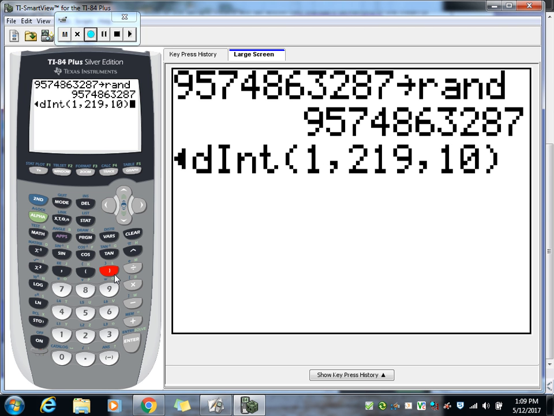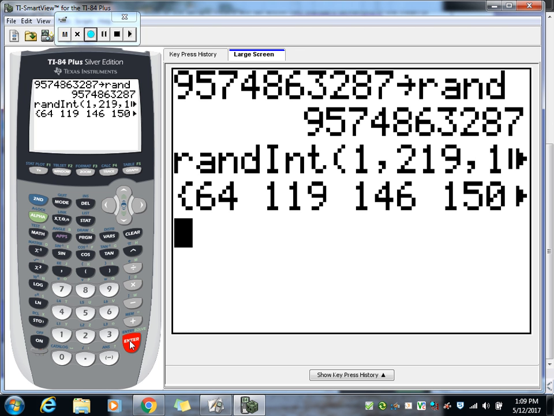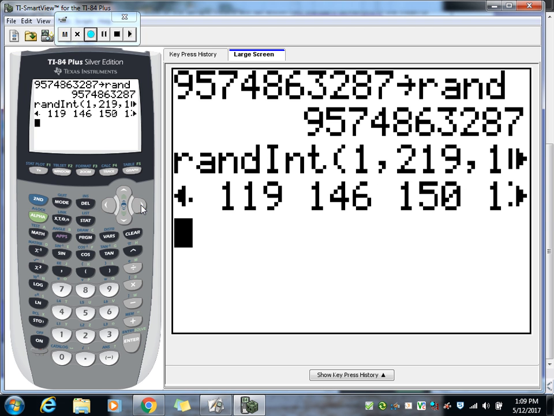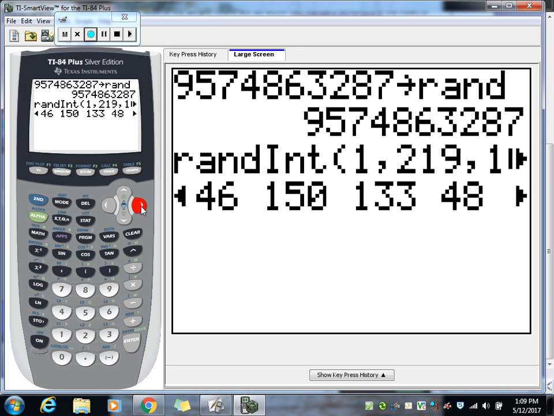Math over to probability, and then it's choice number 5. Now when you enter, you have to be very, very careful not to push anything else, because as you can see, I can only see the first 4 numbers that it has picked for me. And then if I arrow over, then I can see the other ones. If you hit any other button, it's not going to let you arrow over, and you kind of have to do your random simulation again.